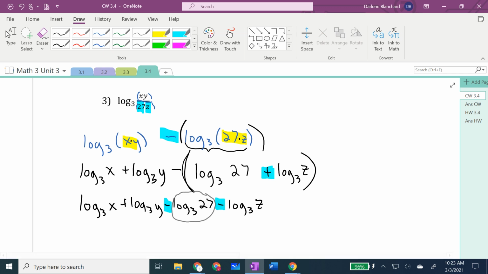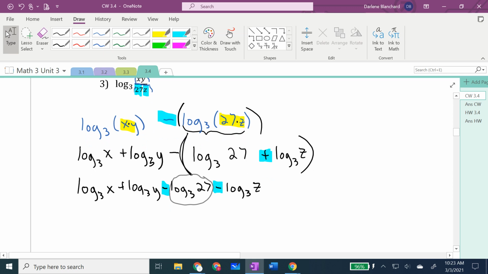So what number is log base 3 of 27? So just to point it out, the base 3 is this 3. The input is the answer to 3 to the power of something.